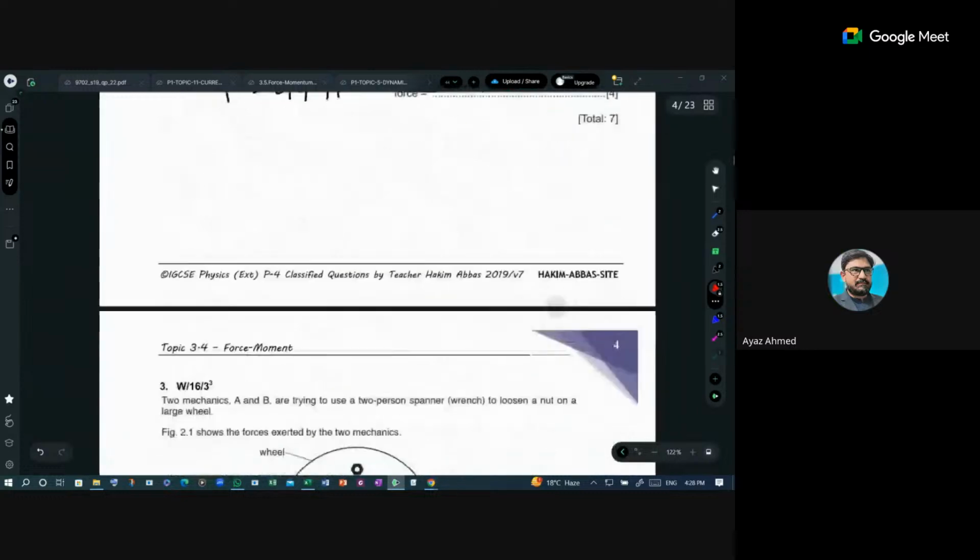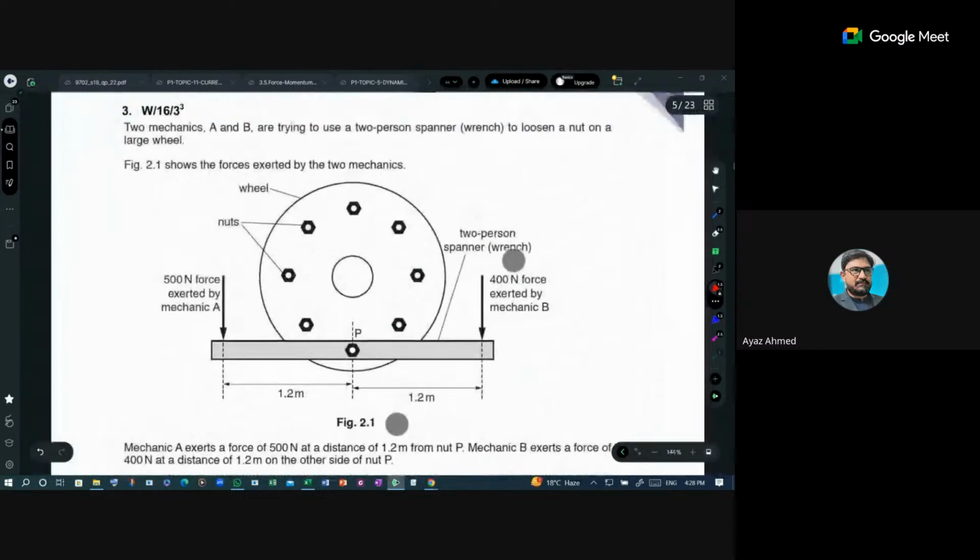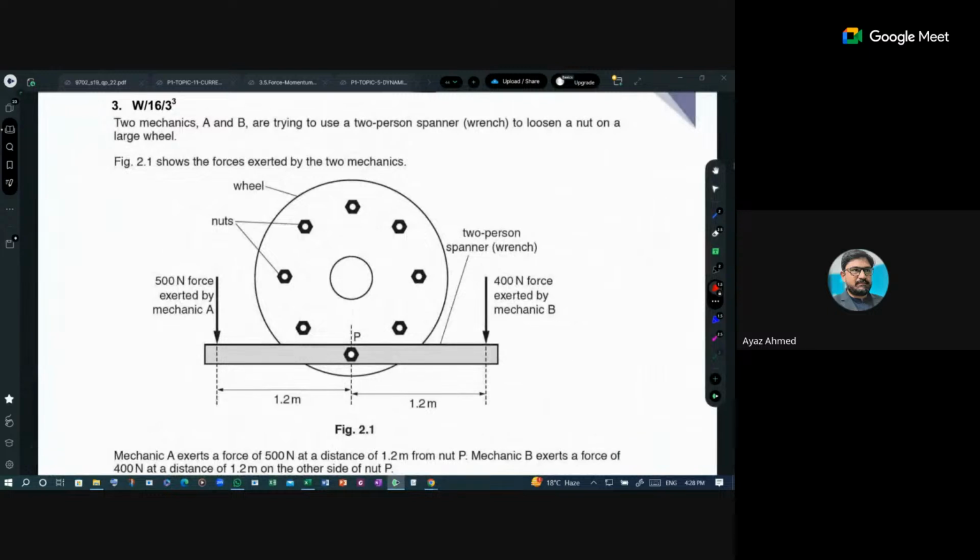Okay. Now this is another good question. Actually, this is the question which links to couples, that's why I have selected this one. Two mechanics are trying to use a two-person spanner or wrench to loosen a nut of a large wheel.